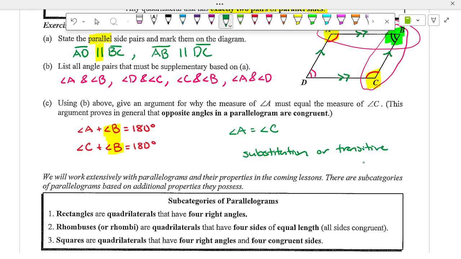They basically mean the same thing. If they add to the same angle to equal 180, or if they're equal to the same angle, you can switch them out. So since they both can add to B to equal 180, I can switch the C and put it in place of the A, and vice versa.